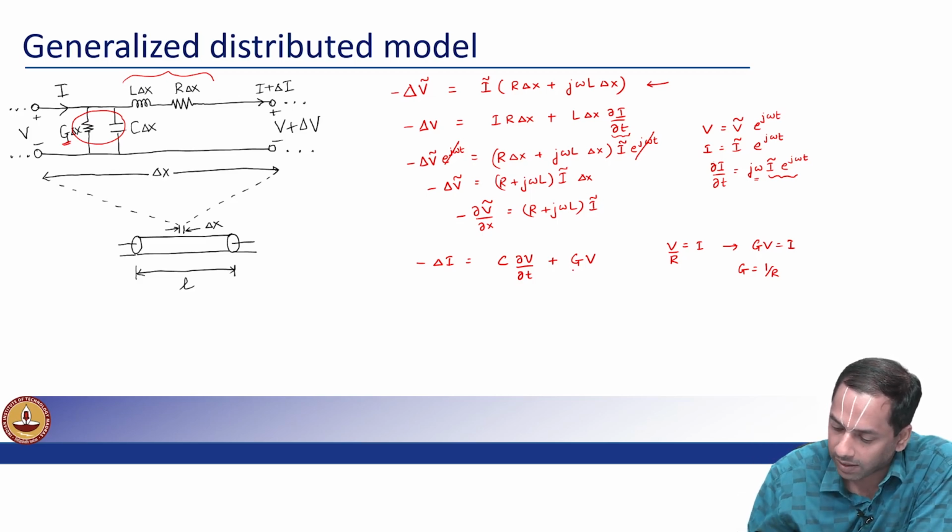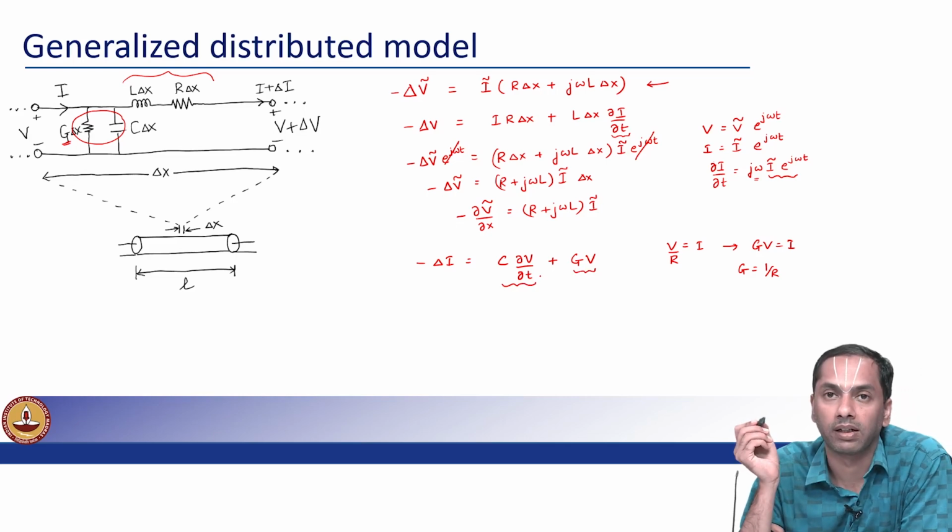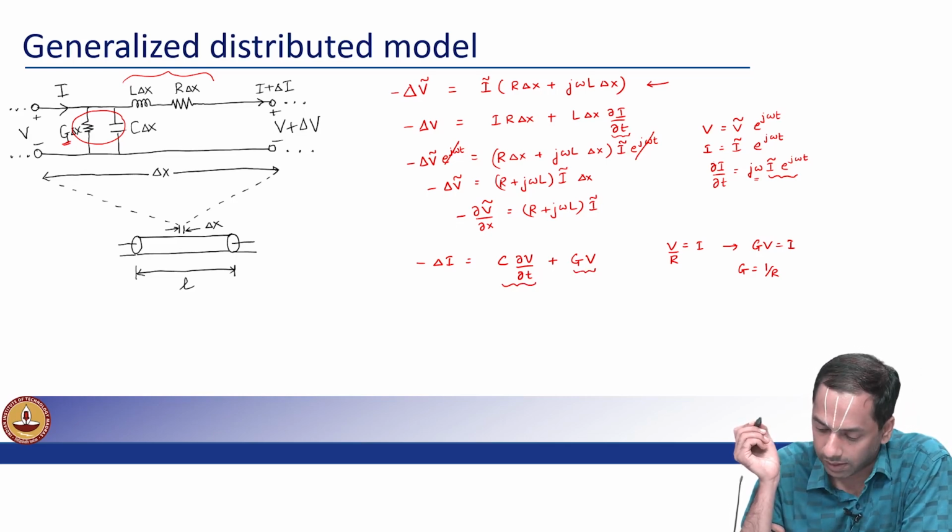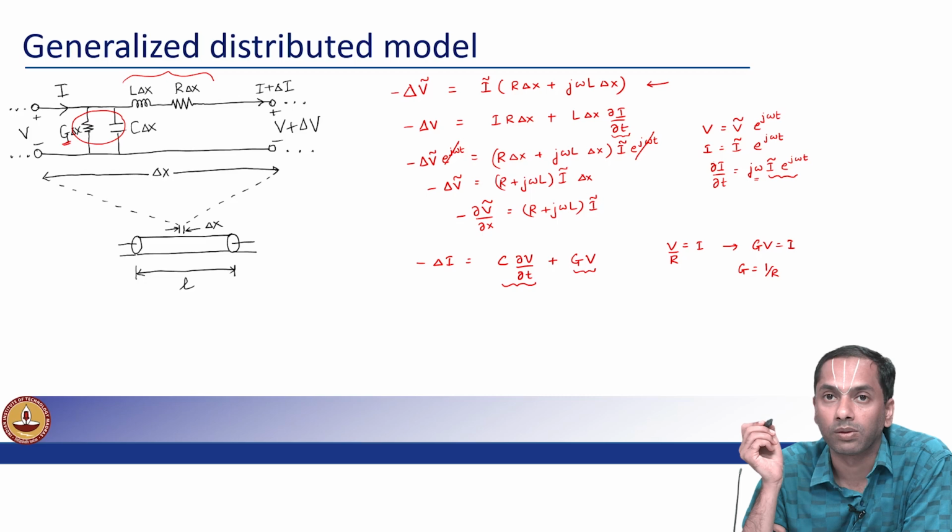So if I sum the branch currents through the capacitor and the resistor, that has to be essentially negative of delta I, the current change between the input and the output.